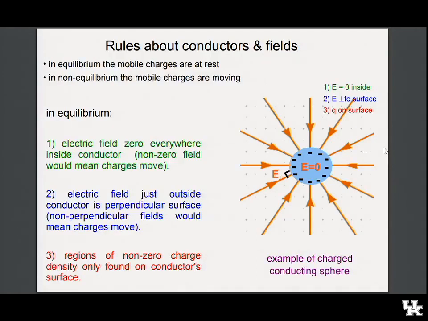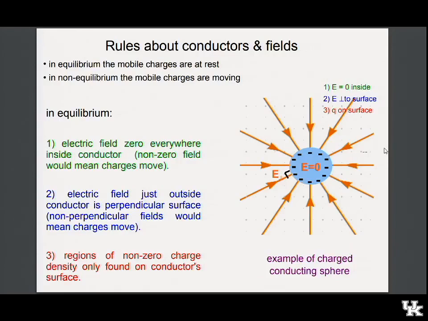The first rule is that in equilibrium, the electrical field inside the volume of the conductor is 0. So that's an important rule. If the conductor's in equilibrium, the electrical field inside is 0.